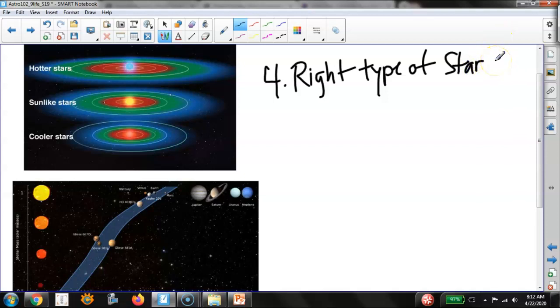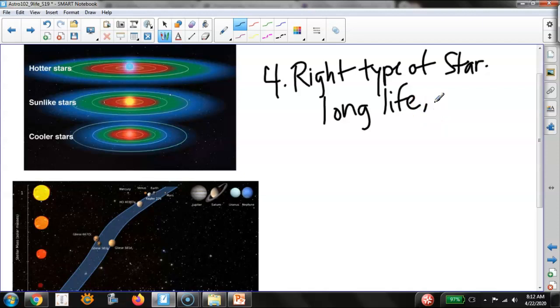We have O be a fine guy, kiss me, right? O stars, the big hot blue ones. G is our sun, and at the far end, the cooler red ones. So the right type of star is one that lives for a long time. We don't want a star that explodes as a supernova after only a billion years. Not really enough time to do much.